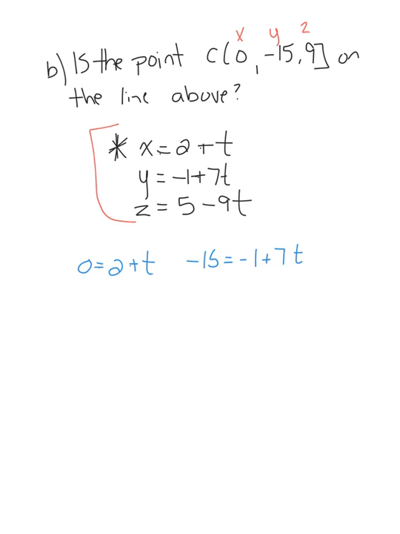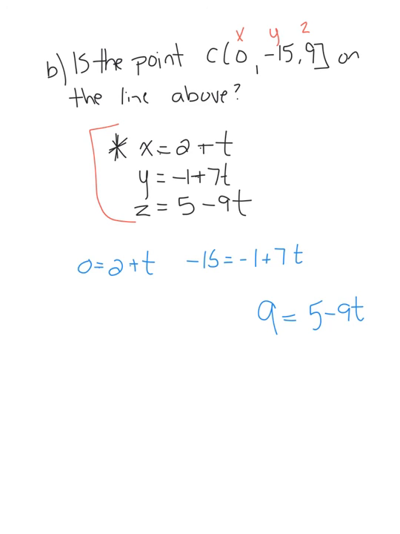And my third, I'm just going to squeeze it in here, 9 is equal to 5 minus 9t. I'm just going to go ahead and solve, and what I'm going to notice is that if every single t value that I solve for is the same, then that point would be on that line. If any one of them is different, then the point is not.